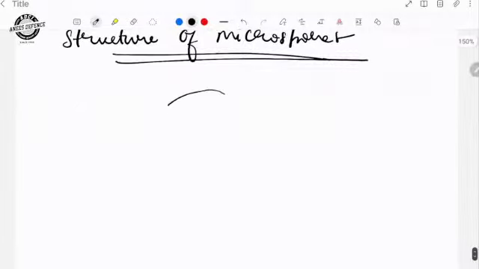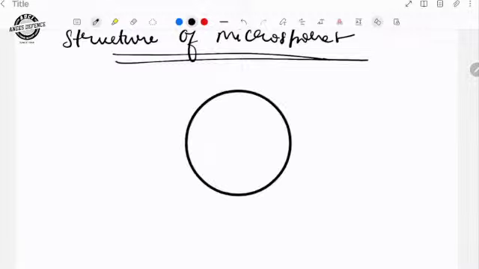See here, the structure of a pollen grain is going to look like this. The pollen has a structure like this, and inside it has one nucleus.